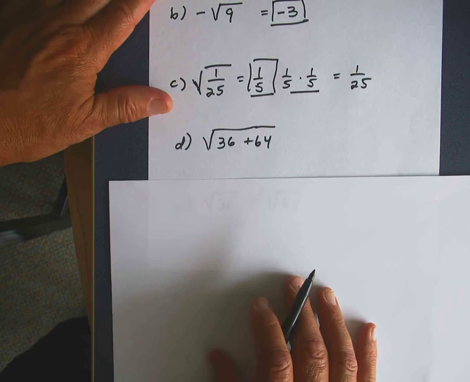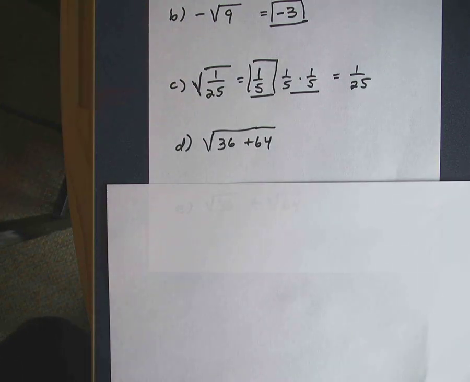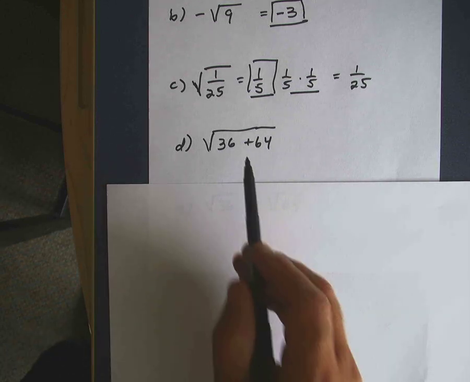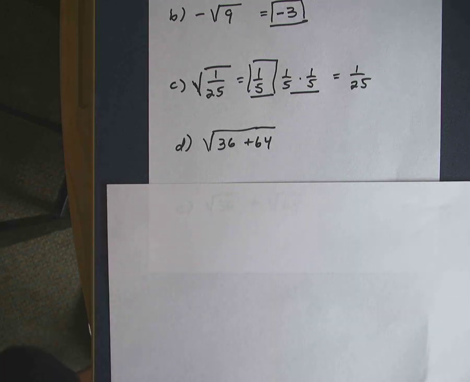Okay, the last two hopefully will clarify a common mistake with the use of the radical. Some people look at this and they invent a property that does not exist, and they say, oh, this is equal to the square root of 36 plus the square root of 64. But that is not a property that you can use.